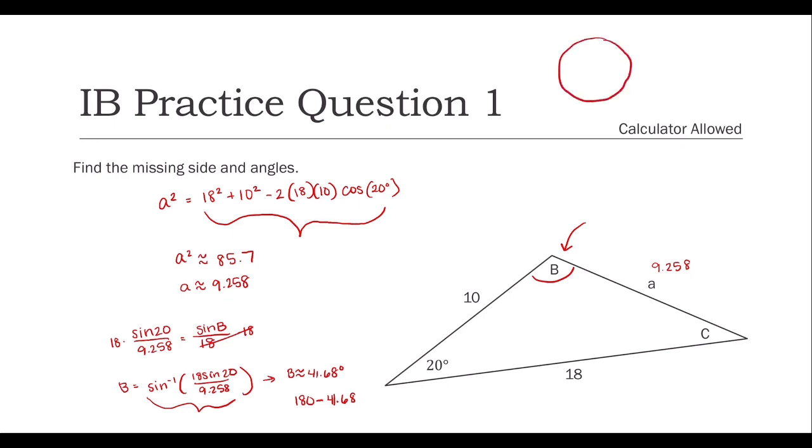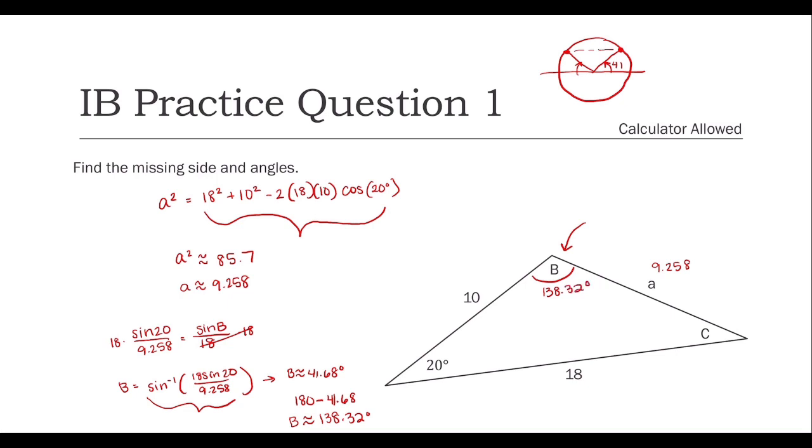Because if you look in a circle, your sine is your y value. So it's going to be the same here and over here. So at 41 degrees, and then also at 180 minus that 41 degrees. So our B value that we're going to use is approximately 138.32 degrees.